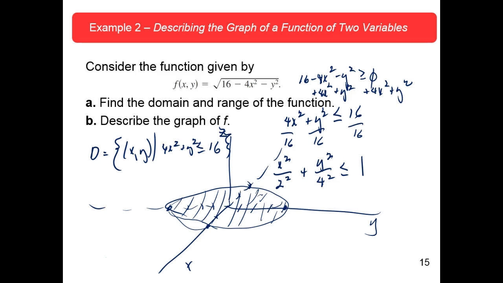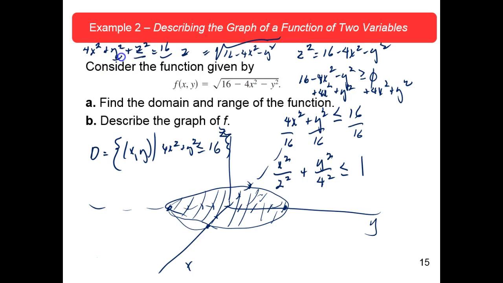I am going to go back and modify what I was saying. If you say z is equal to the square root of 16 minus 4x squared minus y squared, and then square both sides, like I was suggesting before, z squared is equal to 16 minus 4x squared minus y squared, and then move part of it to the other side, you get 4x squared plus y squared plus z squared is equal to 16.